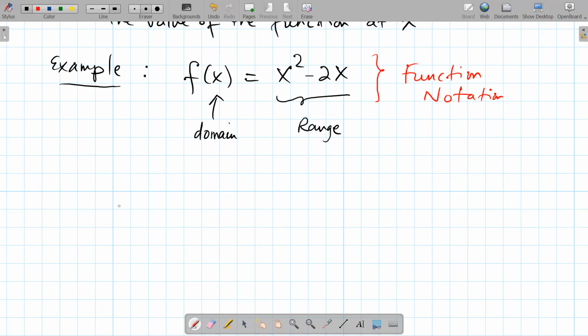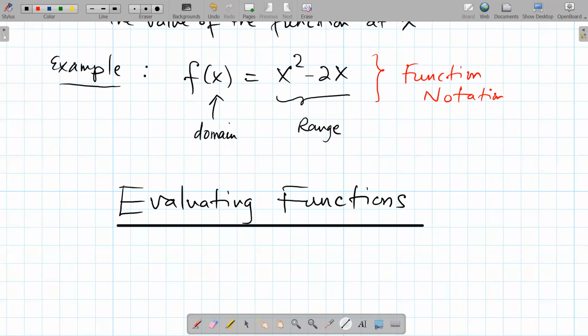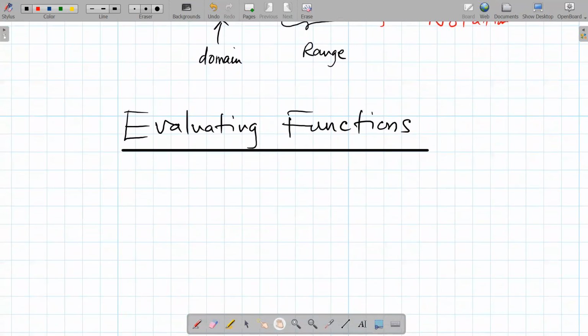Now, if we know what a function notation is, then we should be able to evaluate functions. So how do we evaluate a function? It is pretty simple.